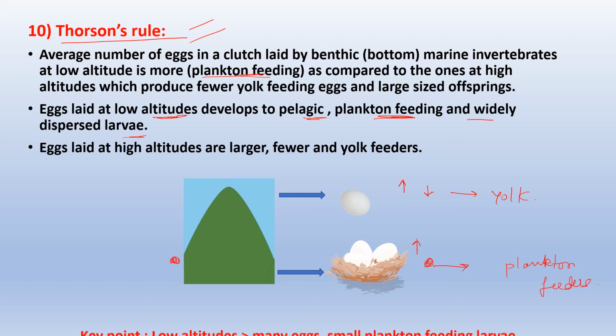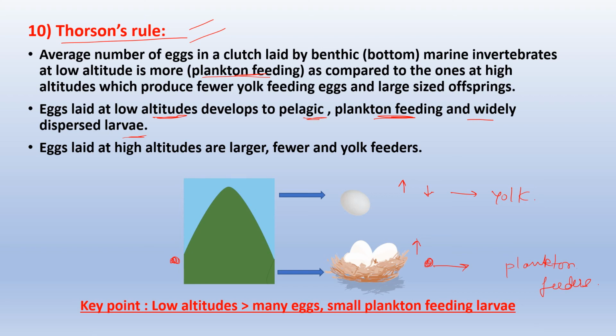Okay, so the key point over here is that at low altitudes, the number of eggs laid is greater, and these develop into small plankton feeding larvae.